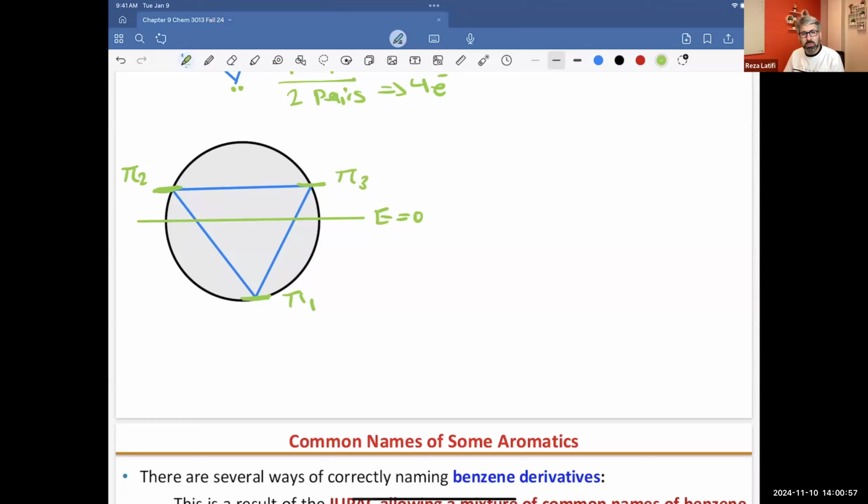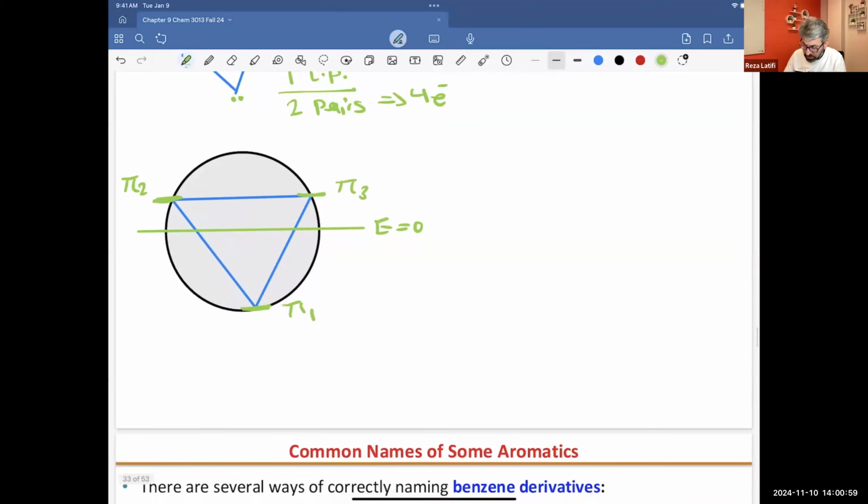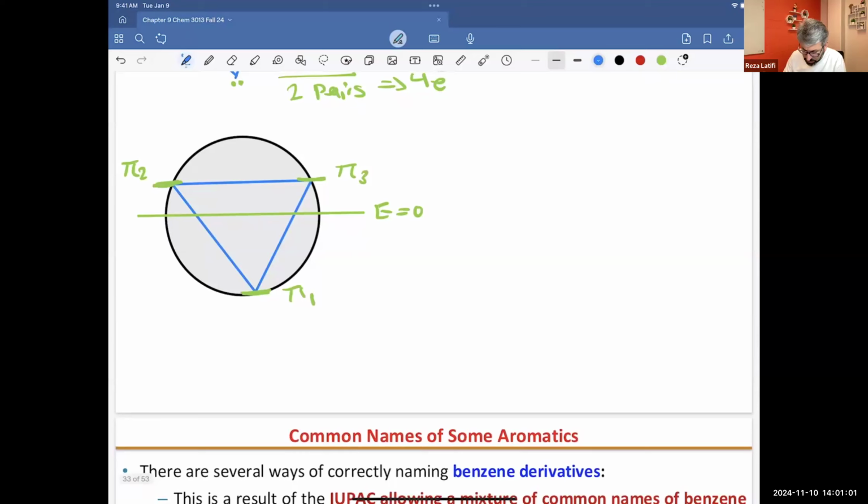Now, how many electrons do we have? We have 4 of them. Start with the lowest orbital. Give it 2 electrons. Out of 4, I used 2 electrons, so now I'm left with 2. What do I do with those 2? I put 1 inside this orbital and 1 inside the second p orbital.